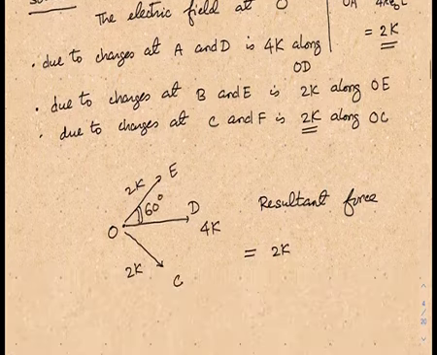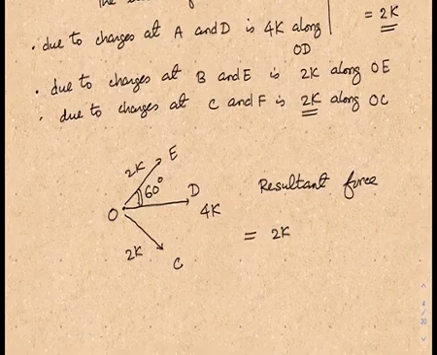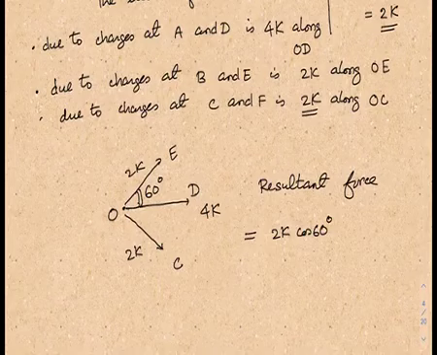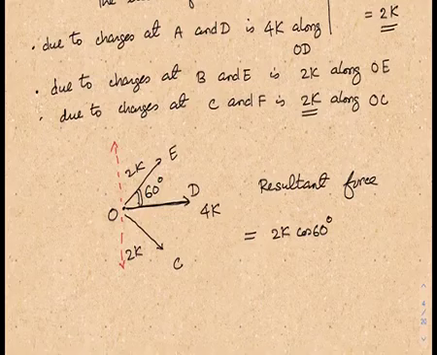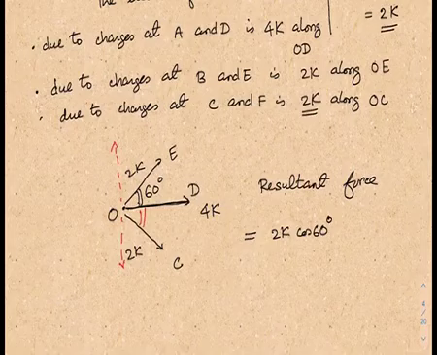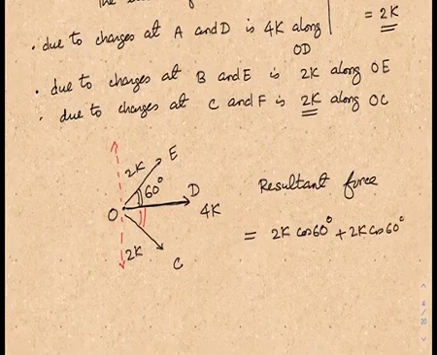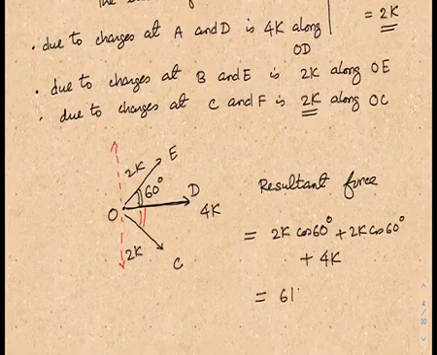And therefore it would be 2k cos 60 degree along OD, right? The perpendicular components would get cancelled out, so the resultant force would be along OD, 2k cos 60 degree, and this is also 60 degree, so you have another term, 2k cos 60 degree, and another would be 4k, and you see that this would be 6k along OD.